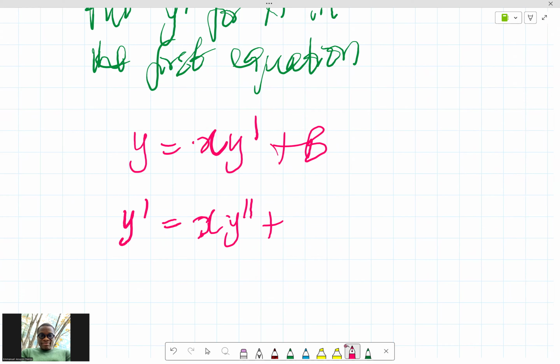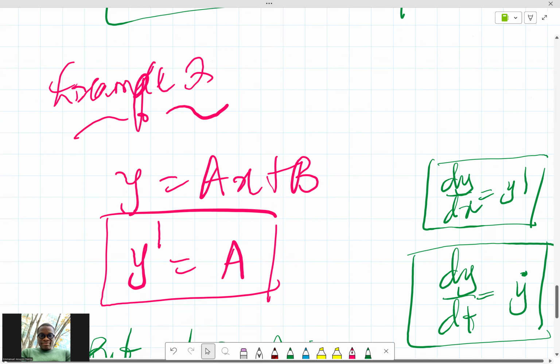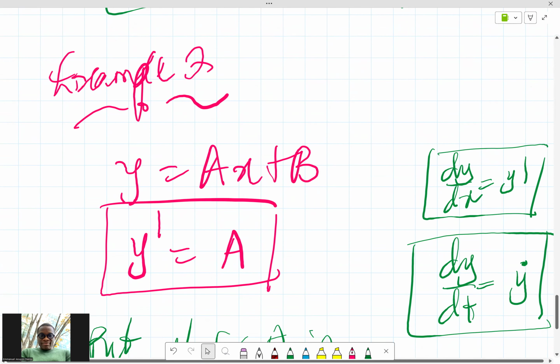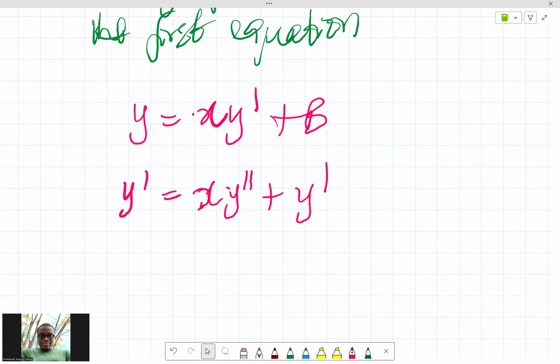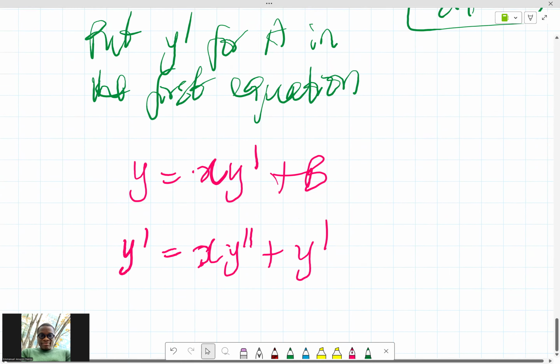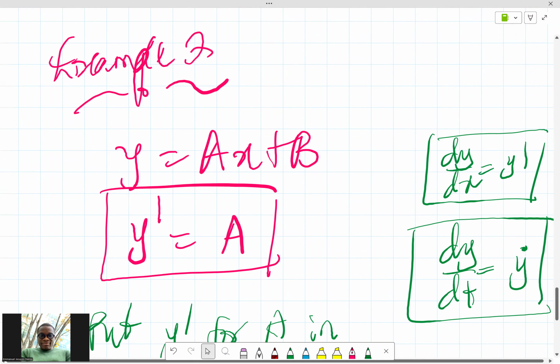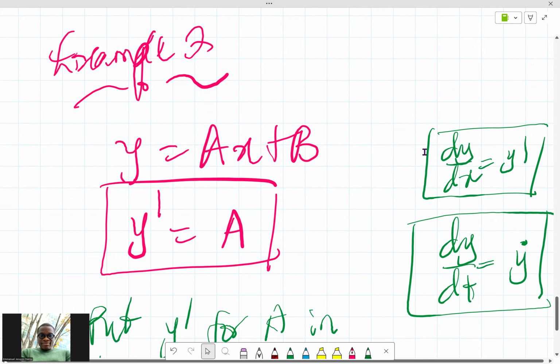We can have x y prime prime, and then when we differentiate with respect to x, we have just y prime, and b is gone. So at the end of the day, this is what we have. Okay, this is not making any sense. I need to rest this, or better still, let me come back to it later.